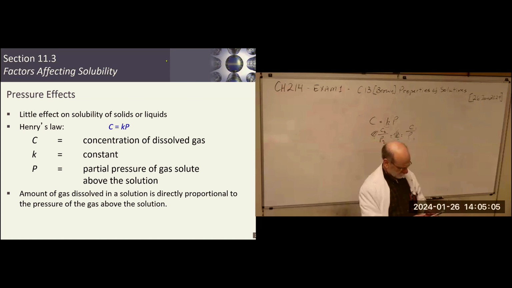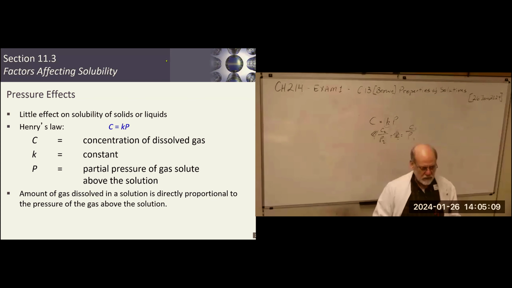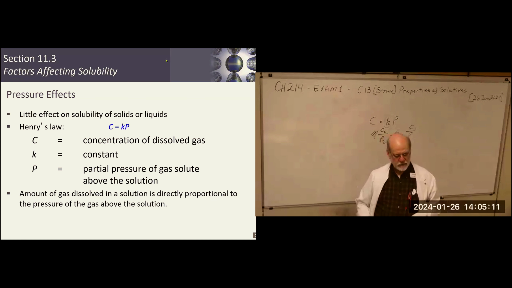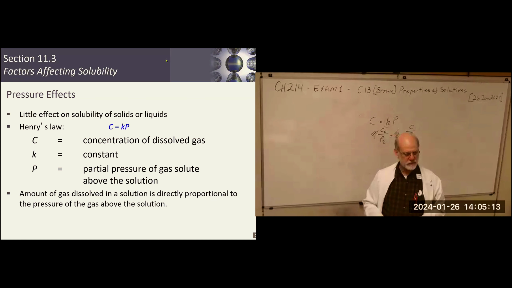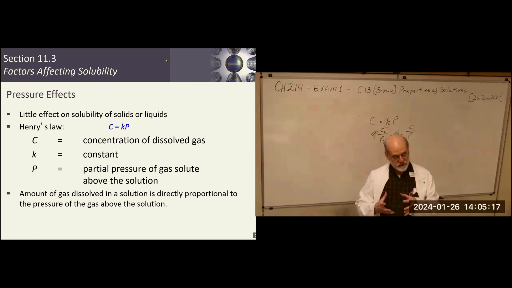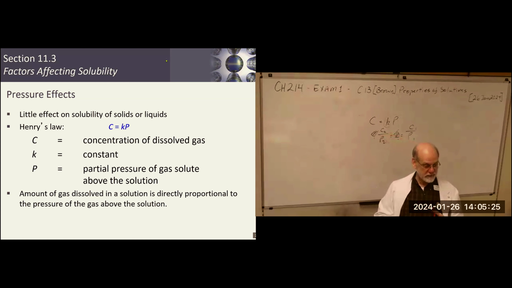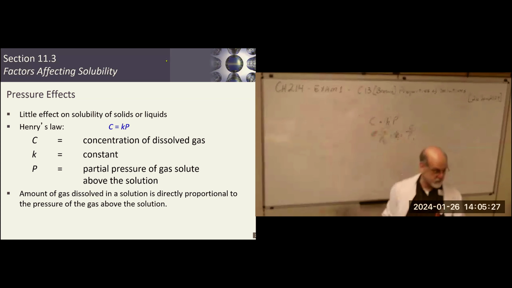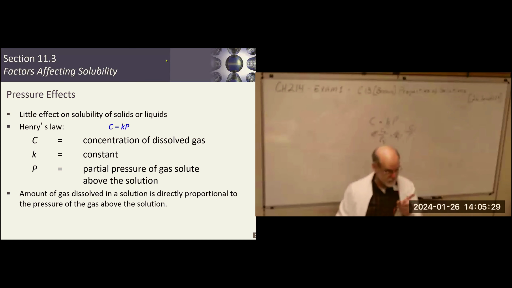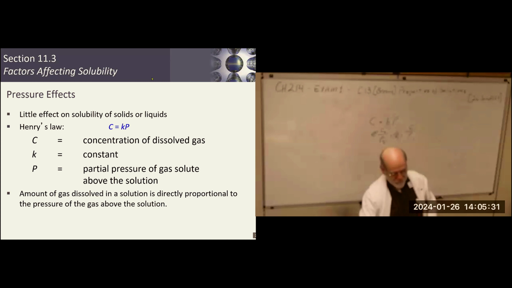So that's why when you buy a bottle of pop and you crack the lid, it goes, because you're letting off the pressure. As long as there's pressure inside that vessel, that CO2 remains dissolved in the pop. When you let the pressure off, then it equalizes again, and some of that gas is released. There's a temperature effect there also, and we're going to get to that in a second.